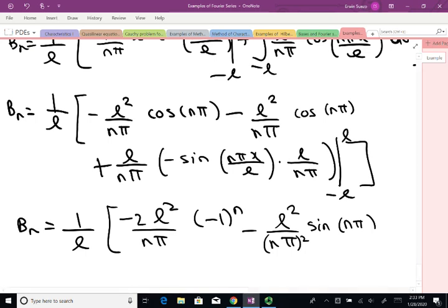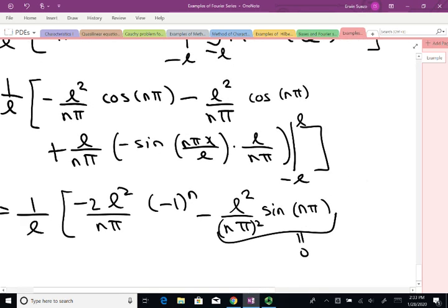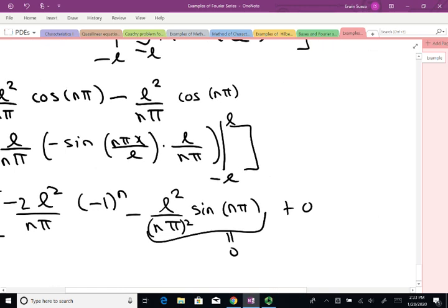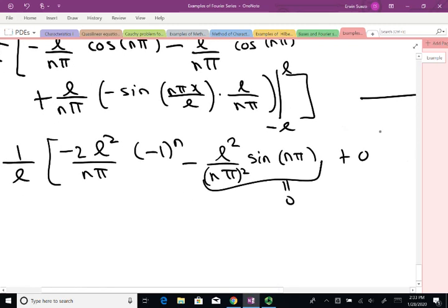So this guy is gonna give me 0, and the other guy is gonna give me 0 too, because sine of n pi is 0, right? So sine is like this. This is 0, this is pi, this is 2 pi, this is 3 pi, and so on. So all those guys are 0.